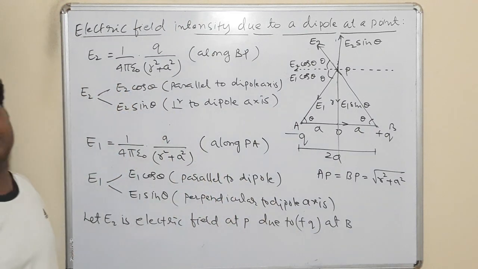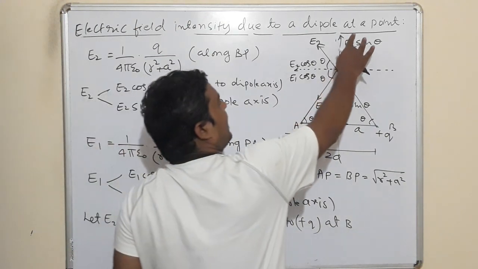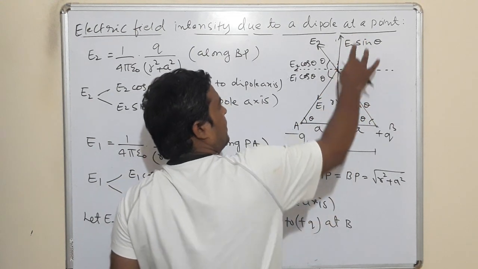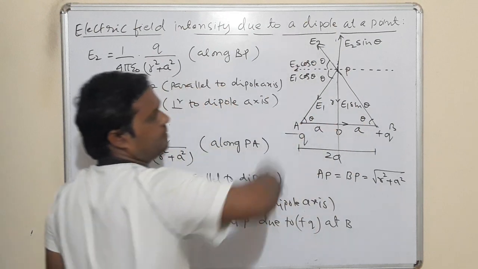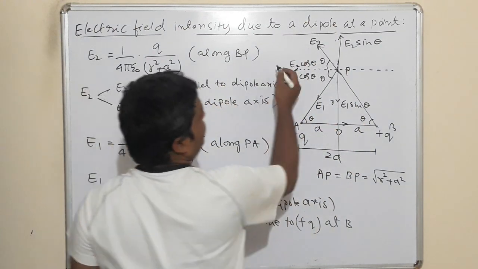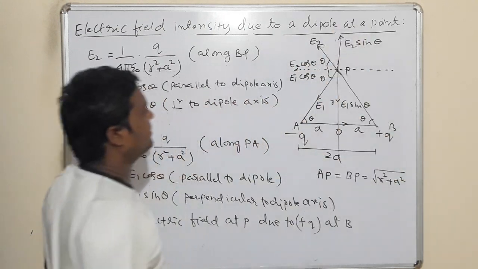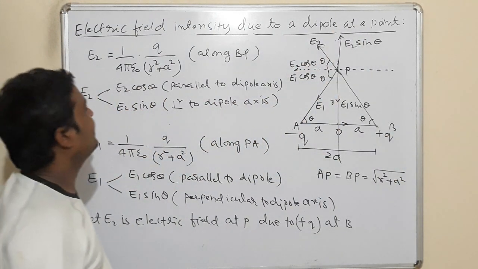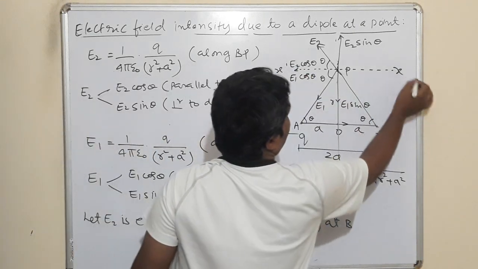See which components are going to get cancelled. That is very important. Now E1 sin theta and E2 sin theta are equal in magnitude and opposite in direction. Okay. Here you can mention some axes also, along px dash, along py, you can write like this. This will be x dash, this is x.